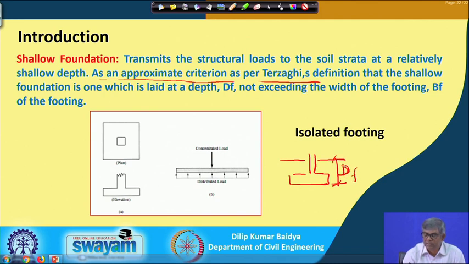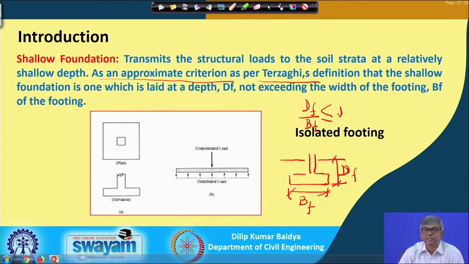If the foundation is laid at a depth Df which will not exceed the width of the footing, that means if this is B, this is Bf, so Df over Bf will be less than or equal to 1.